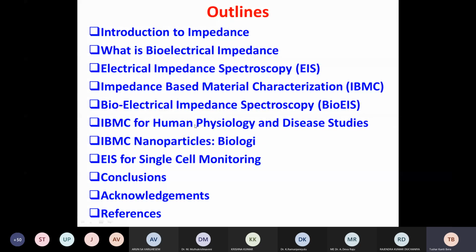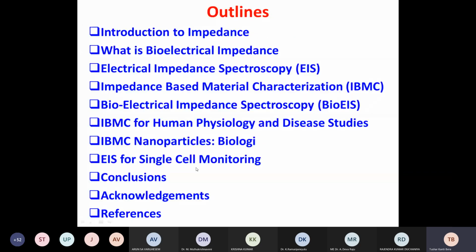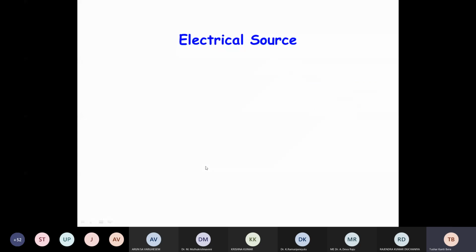After that we will go to impedance based material characterization, which, because it is a very big phrase, I have abbreviated as IBMC, for human physiology and disease. Then nanoparticle based IBMC for biology, and cell monitoring, and I will go to civil structures and some composite materials.